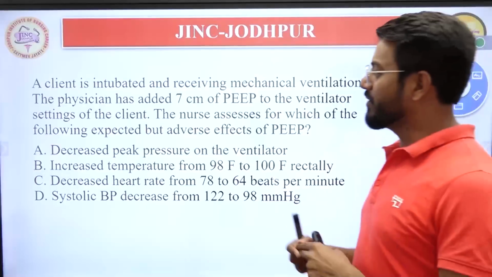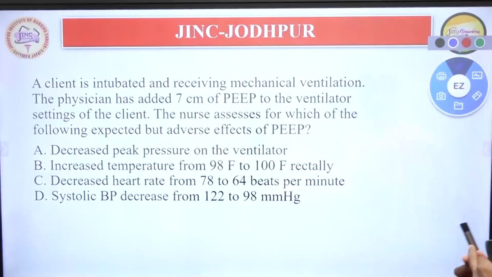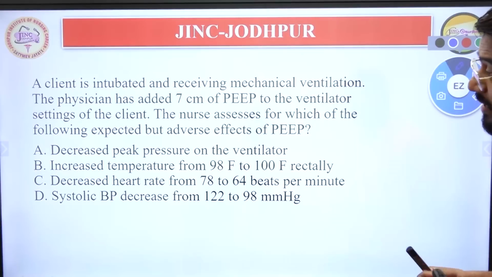In this question, a client is intubated and receiving mechanical ventilation. The physician has added 7 cm of PEEP to the ventilator setting of the client. The nurse assesses for which of the following expected but adverse effects of PEEP. A. Decrease peak pressure on the ventilator.